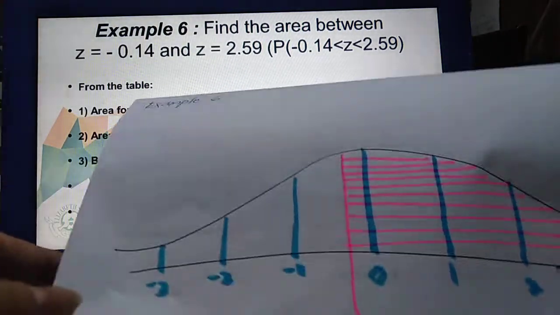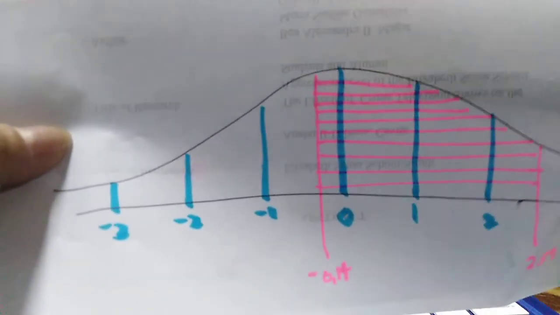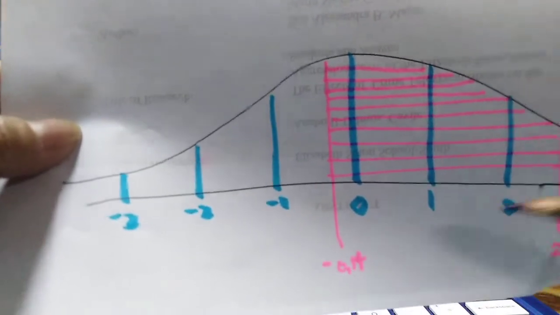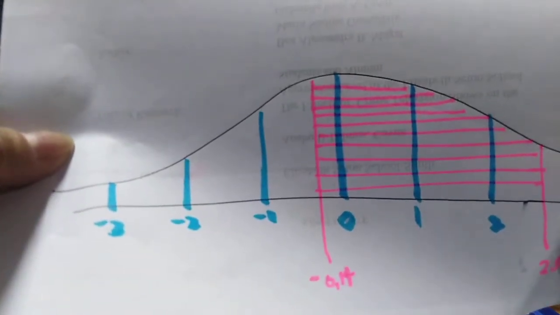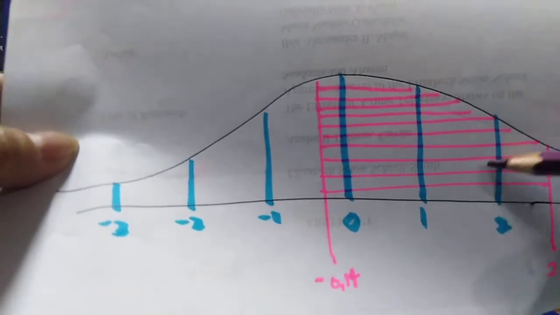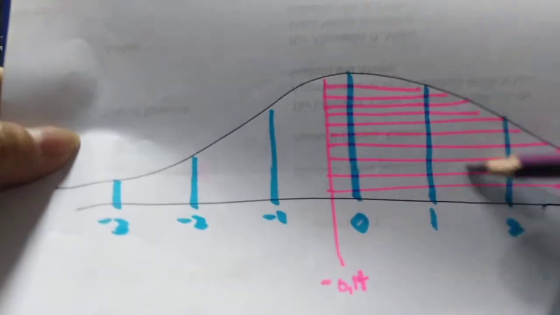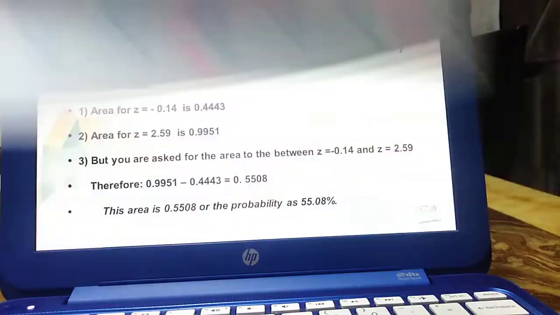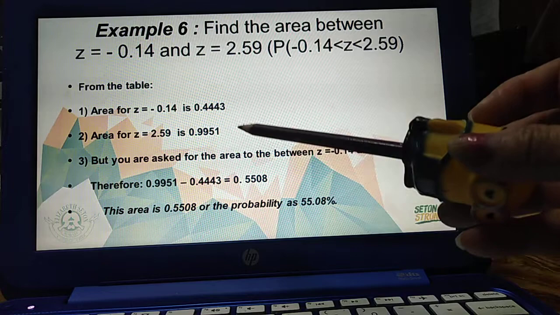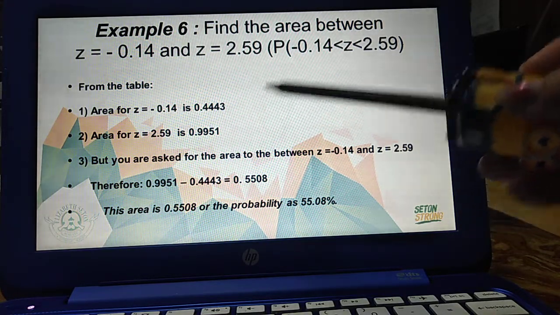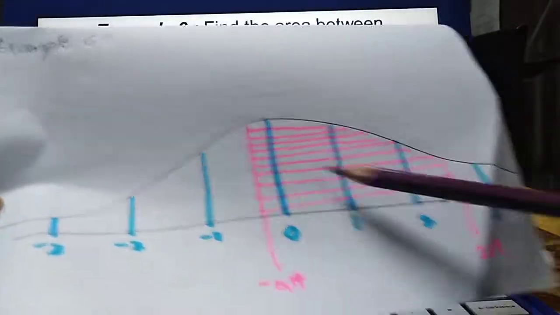This is negative 0.14, and this is positive 2.59 z-scores. We're looking for the area in between. So from our table, 2.59 is 0.9951. Negative 0.14 is 0.4443. But we're looking for this.